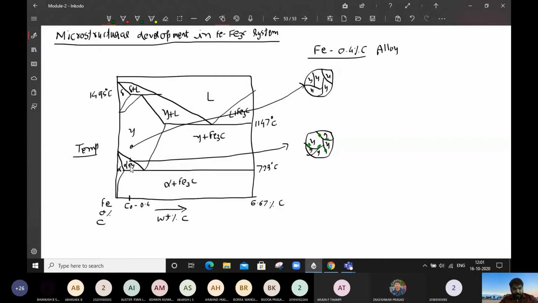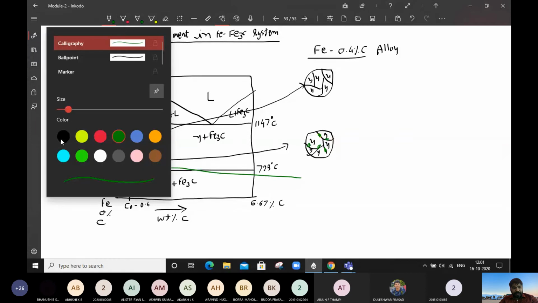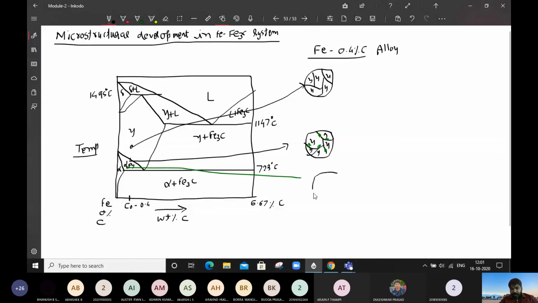Now if you further cool from this point to this point, what will happen? The amount of alpha will increase. Let me use black color. At this point we are having this. Now, when you cool further from this point to this point, again we are having gamma like this, and this alpha will grow.